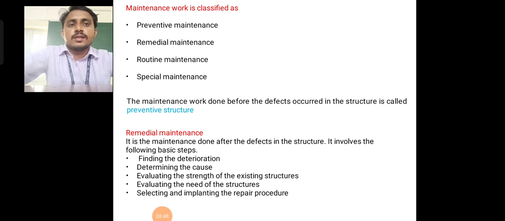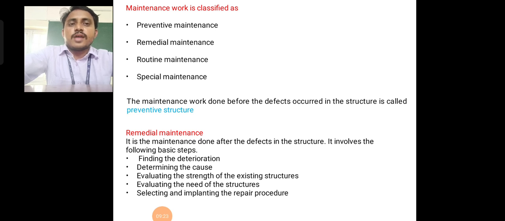Is there any temperature change due to rain, or due to hot temperature, or humidity, or due to some loading conditions, which means design criteria, or it may be improper construction. So you need to check all the details, the reasons for the damages in the structures, after identification of damages.